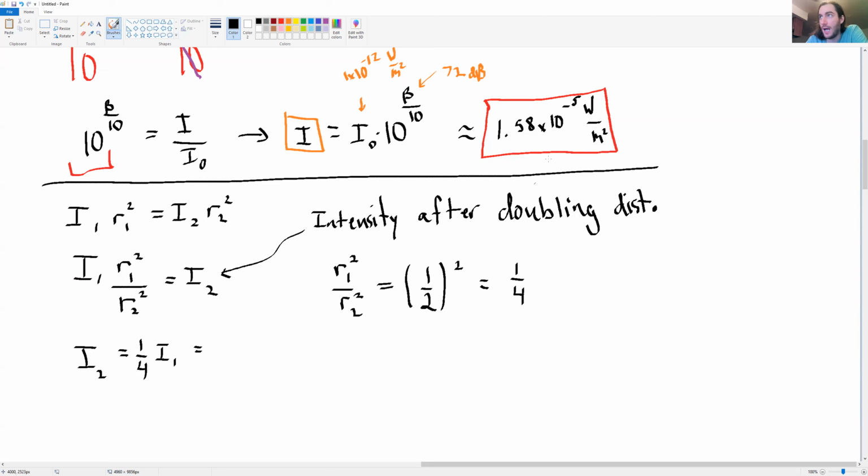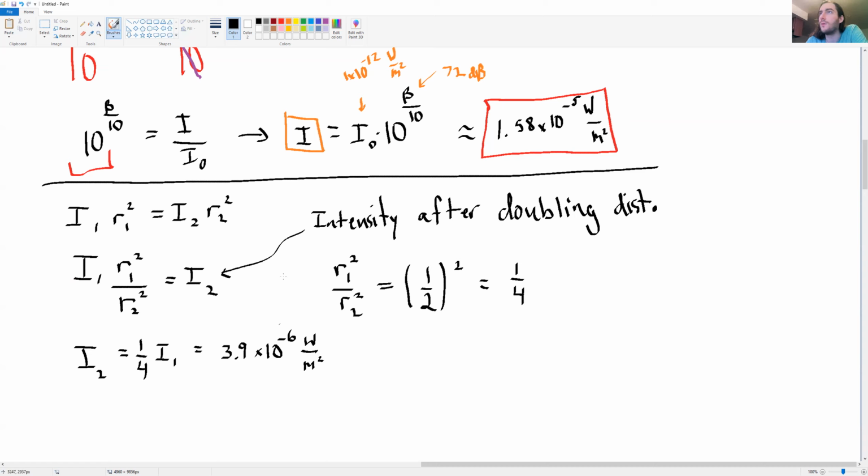Of course, we have I1 from the last part, so we can plug in and see that, what is it going to be? So 10 to the minus 6, so it's going to end up being something like 3.9 times 10 to the minus 6 watts per meter squared. You guys can check me on that.